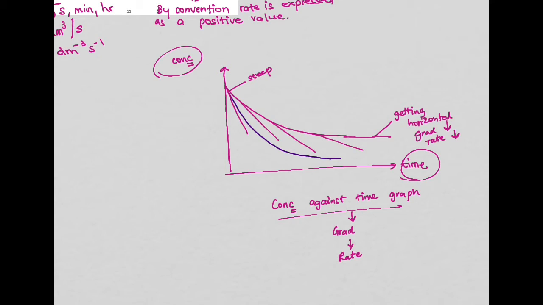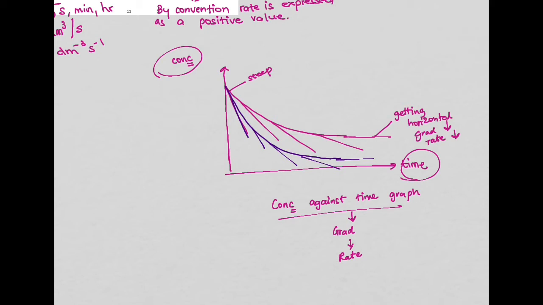If you now compare with the blue graph, they start off with the same gradient. So the initial rate of reaction for both reactions is the same, and again this is going to flatten out. Both of these reactions show a decrease in rate of reaction.